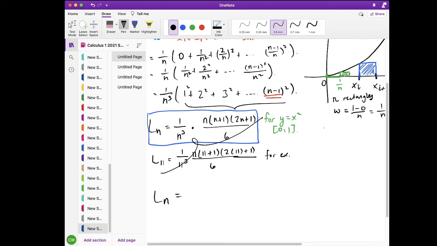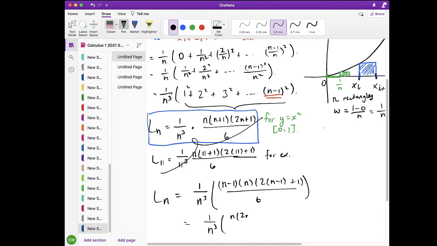But you obviously get the same thing. But it's 1 over n cubed, and then you plug in n minus 1 for all these things. So it's n minus 1, n, and then 2, n minus 1 plus 1. Okay, so it's n minus 1. Yeah, sorry about that. But as we can see, it's not a big deal. So will this be 2n minus 1?